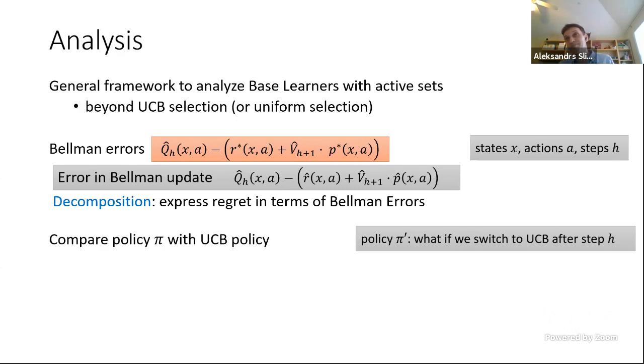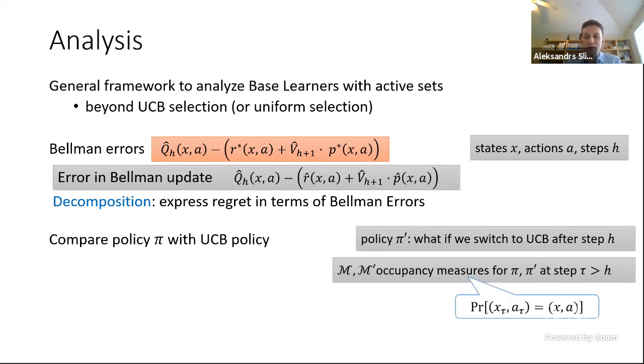Here's the way we think about it. What if we start with whatever we do, and then we switch to a UCB policy after some given step H? Let's call it policy pi prime.